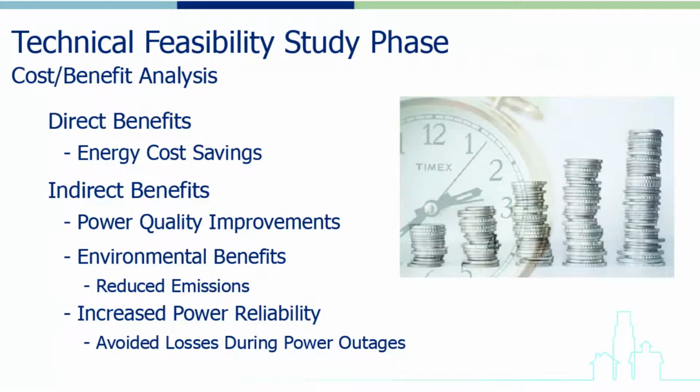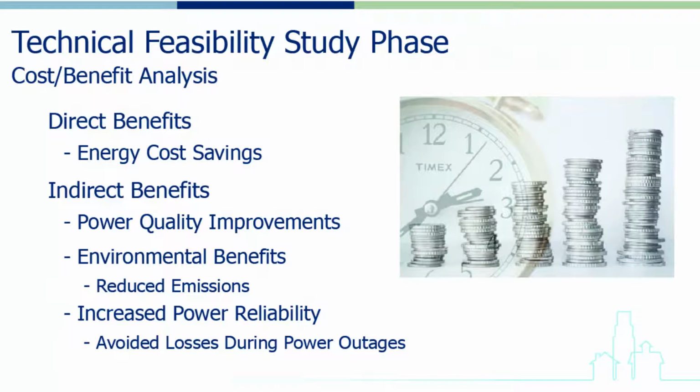On the other side of the analysis, there are two basic types of benefits that can be analyzed. Direct benefits, like energy cost savings, are relatively easy to monetize and fold into the calculations. Indirect benefits, like power quality improvements, environmental benefits such as reduced emissions, and increased power reliability, such as avoided losses during power outages, are real benefits but are a bit harder to quantify and include in the calculations.